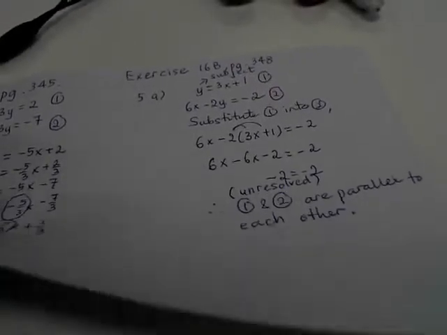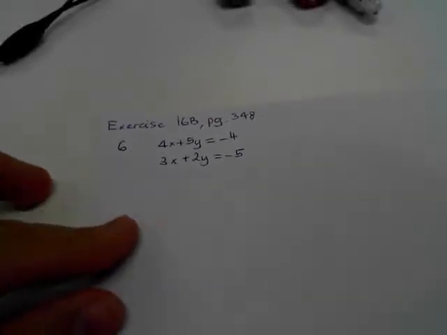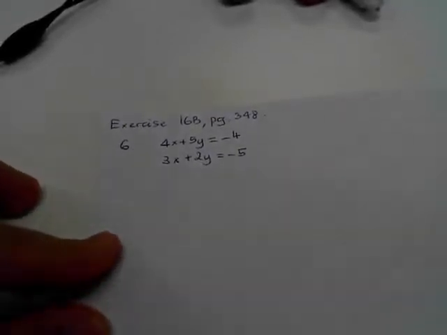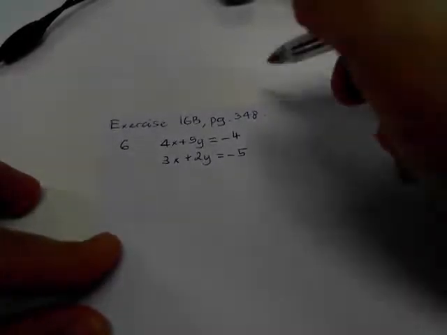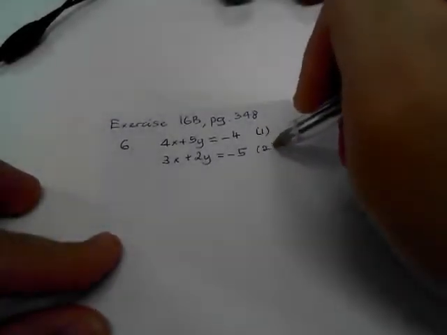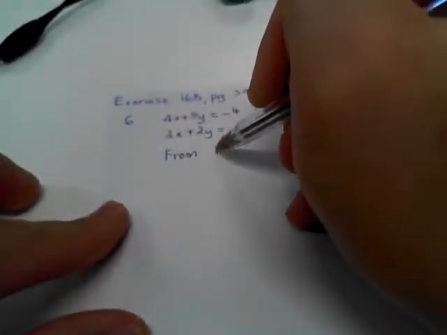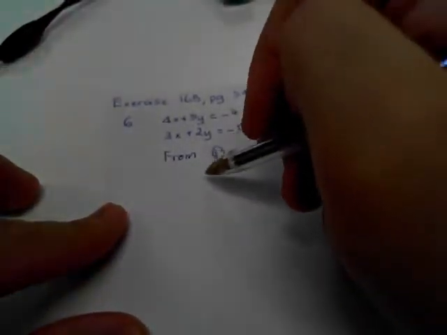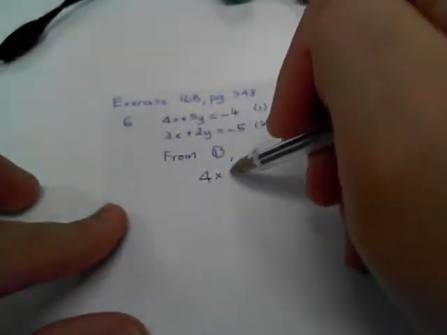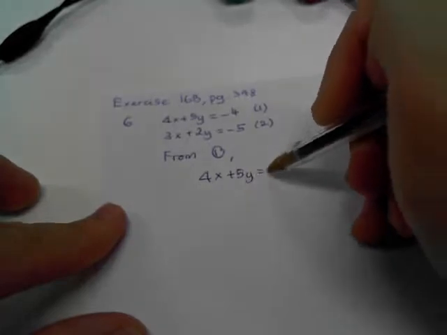We'll move on with question 6 in the same exercise. Let's just say you're given these two equations again, but the question this time asks you to rearrange equation 1 so that y is the subject. So from equation 1, you will have 4x + 5y = -4.